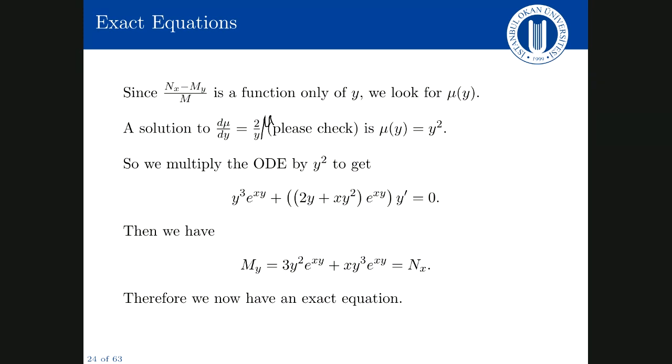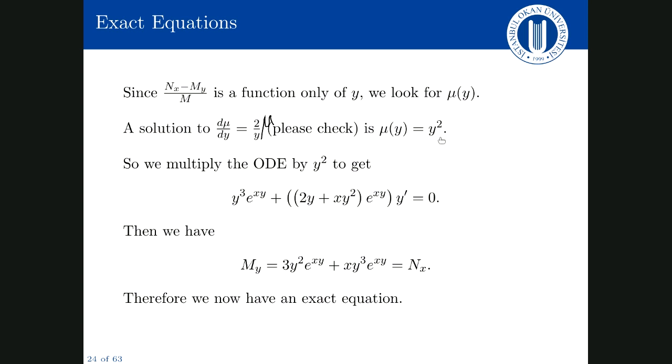It should say d mu dy is equal to 2 over y times mu. The solution to d mu dy equal to 2 over y times mu, and I'll ask you to check this, is mu equal to y squared. So this is our integrating factor. We're going to multiply our differential equation by y squared.